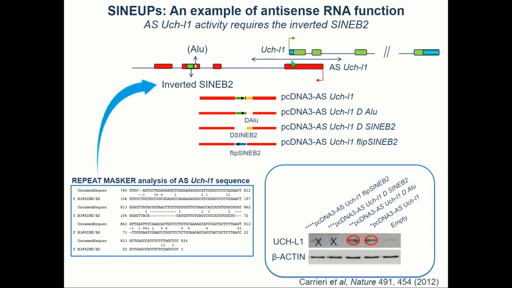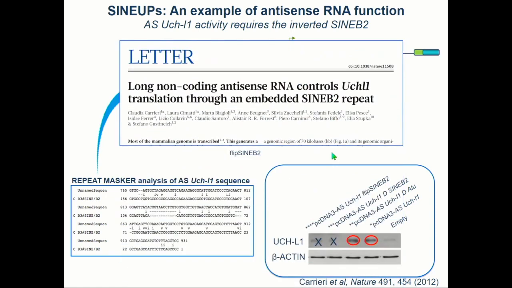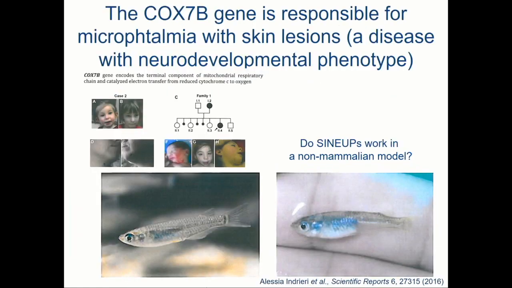Also, it's not shown here, but the antisense region is as well important, and we have many more controls and other studies to validate this. So with Brunella, actually, they've been checking if we can, for instance, use this antisense to induce protein translation in vivo.